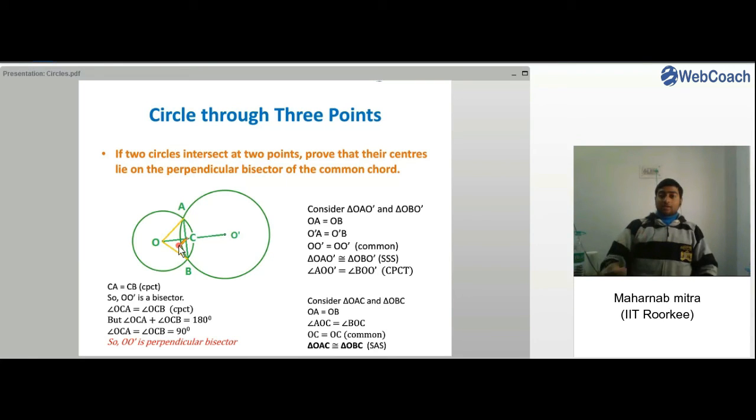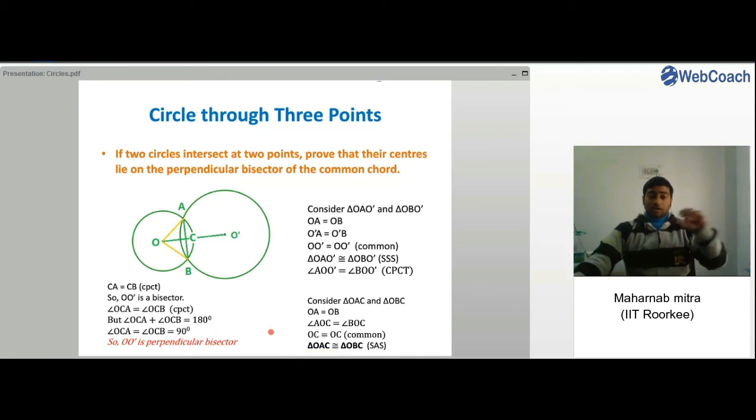So the angle of intersection is 90 degrees, and also where they intersect, they bisect the chord AB. Therefore the line joining the centers is bisecting our common chord. So this is how we have proved that OO prime is the perpendicular bisector of the common chord.